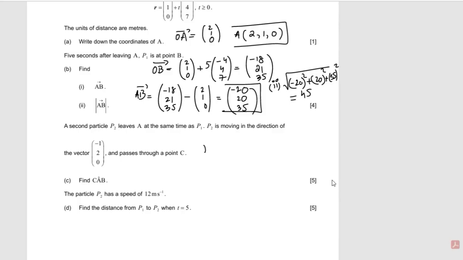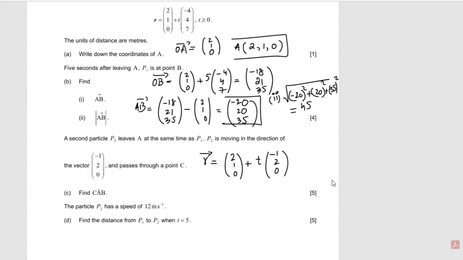So now here you need to understand that the position at any time of this particle P2 will be given because it leaves the same point A, (2, 1, 0), and the directional vector is going to be (-1, 2, 0). So this is the vector equation of the line for this particle. And both pass through A, particle P1 and particle P2.